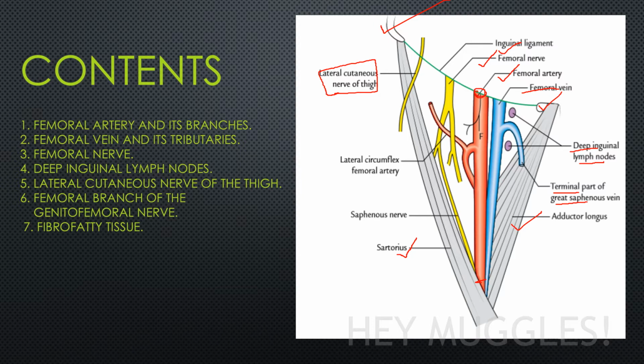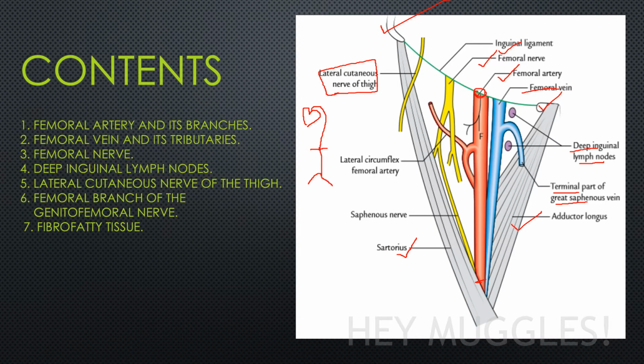okay, basically this is your heart, right? This is your descending thoracic aorta, and when it enters the abdomen, it becomes your abdominal aorta. The abdominal aorta gives two branches, right common iliac and left common iliac.